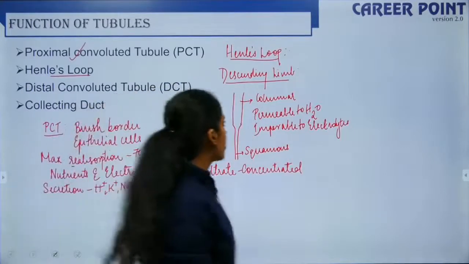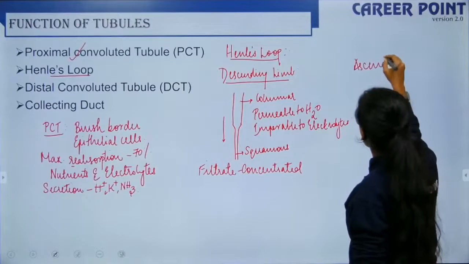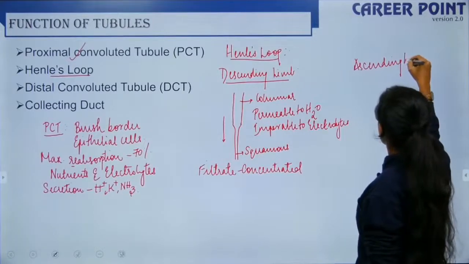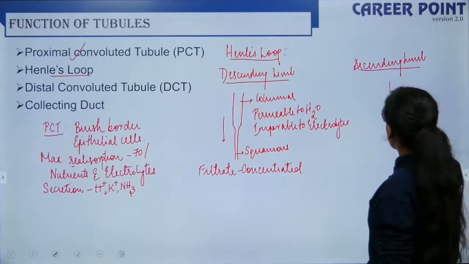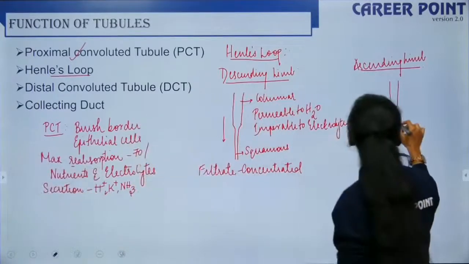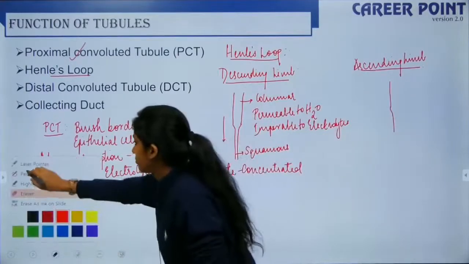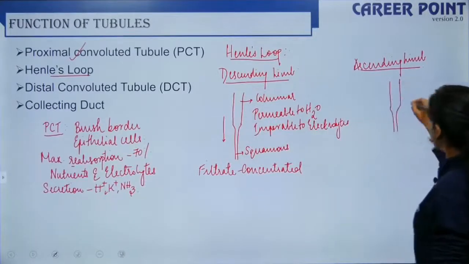Okay, right? So the next part of your Henle's loop is your ascending limb. So this is like this. This is also similar to this, but my figure is wrong. So this is climbing up.